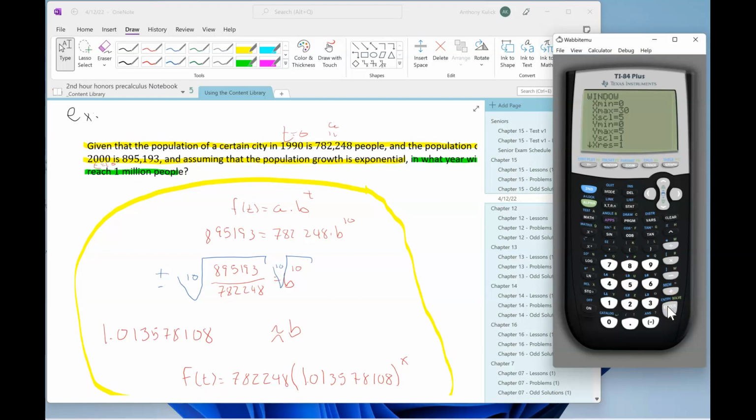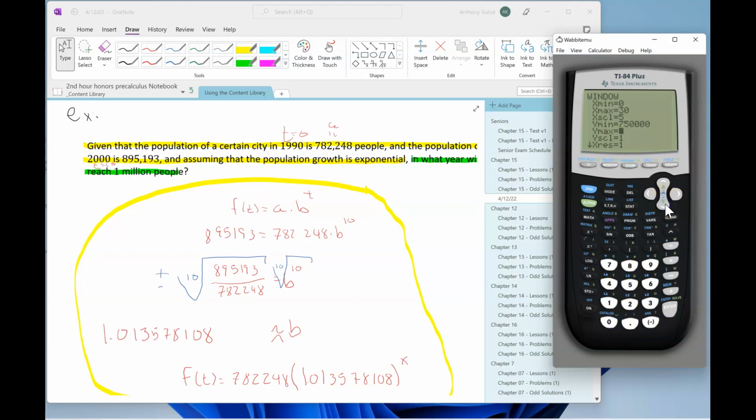What's the minimum population that I care about for my city? The Y's are representing the populations. What's the minimum population? The 782,000, right? I'll pick something a little less than that that's a round number, so I'll just do 750,000.